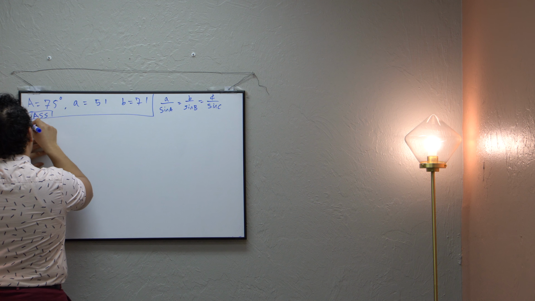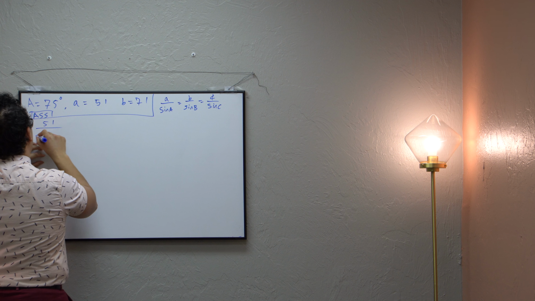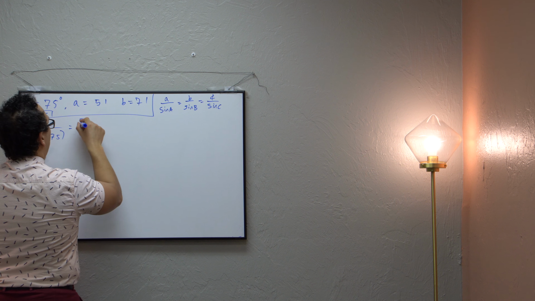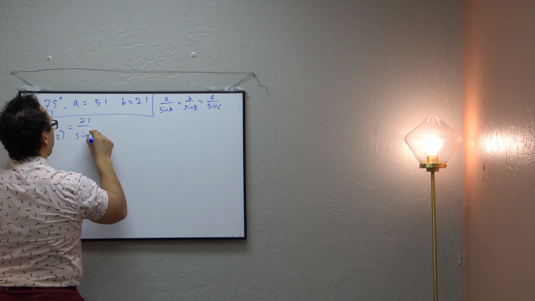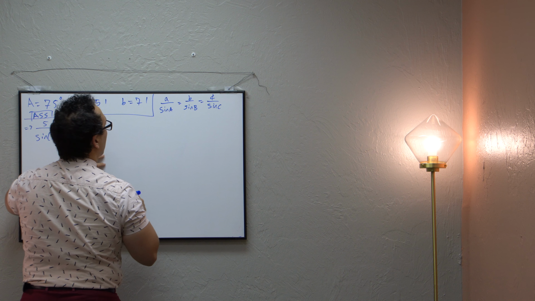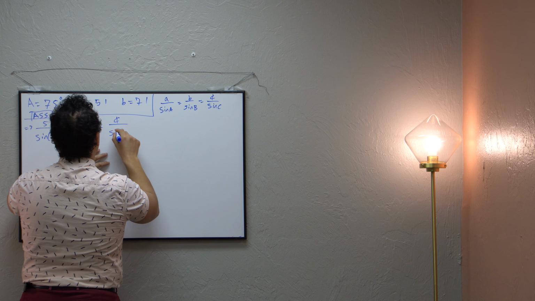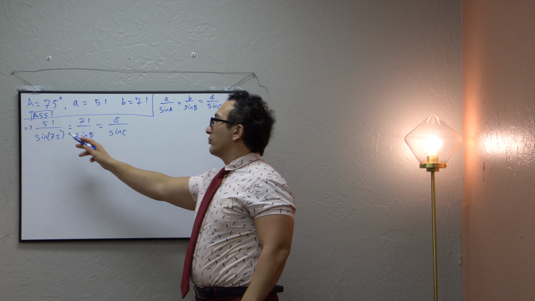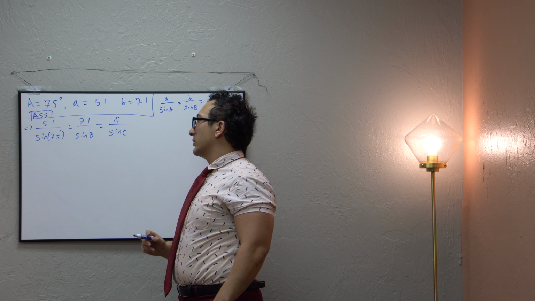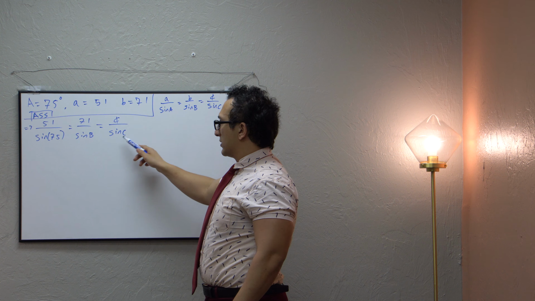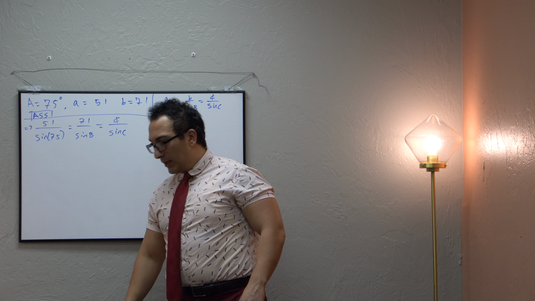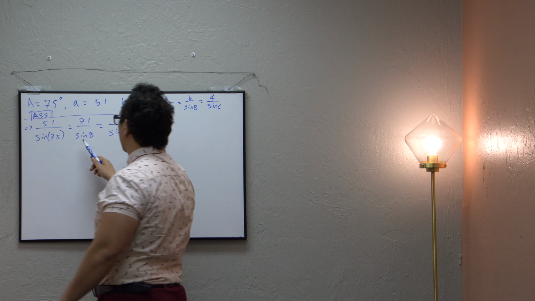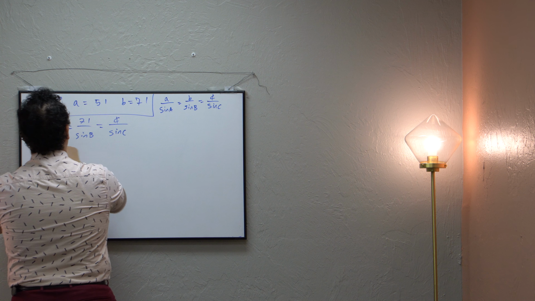So this gives us 51 divided by sine of 75 degrees, equal to 71 divided by sine of B, which is equal to little c divided by sine of C. Since we know two parameters here, one parameter here, and there's an unknown there, we're going to ignore this double unknown system because there's nothing we can do algebraically to solve for the unknown. What we'll do is focus our attention on these two equations right here.